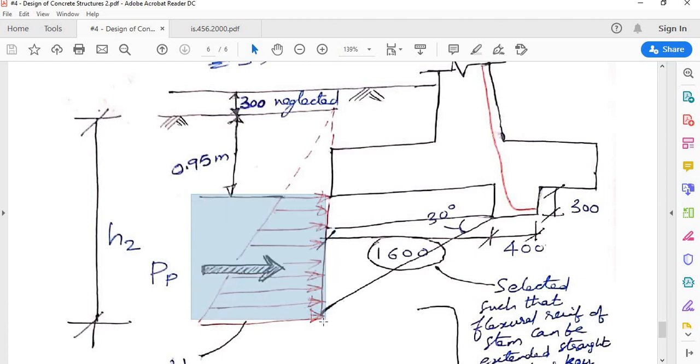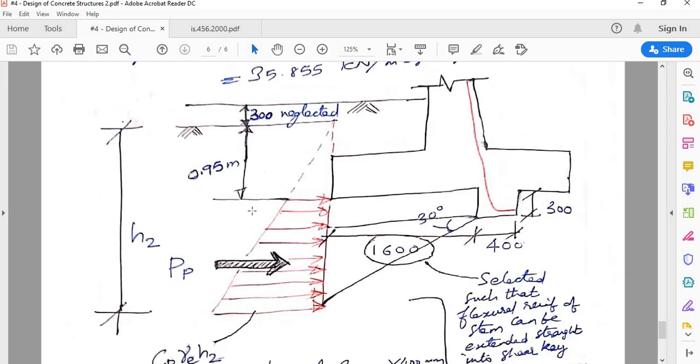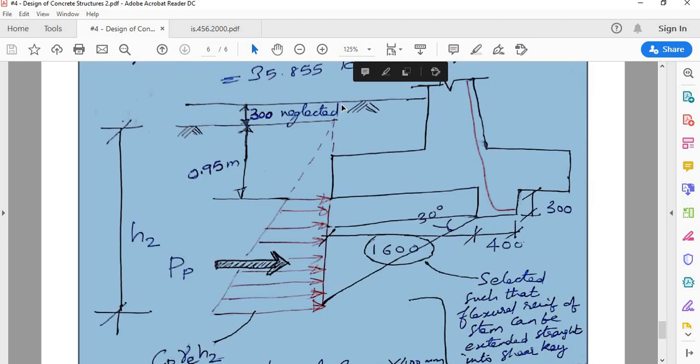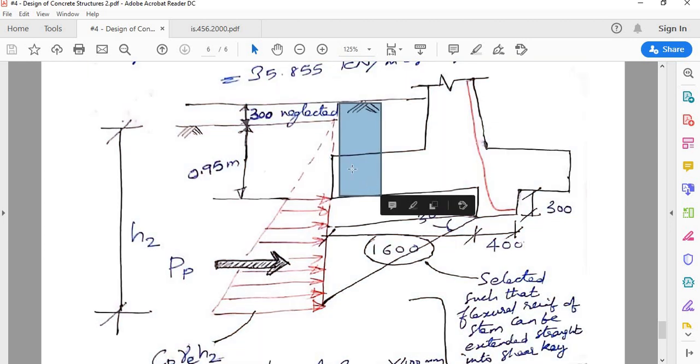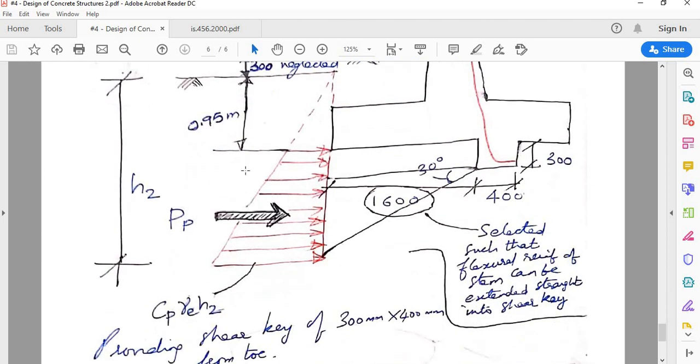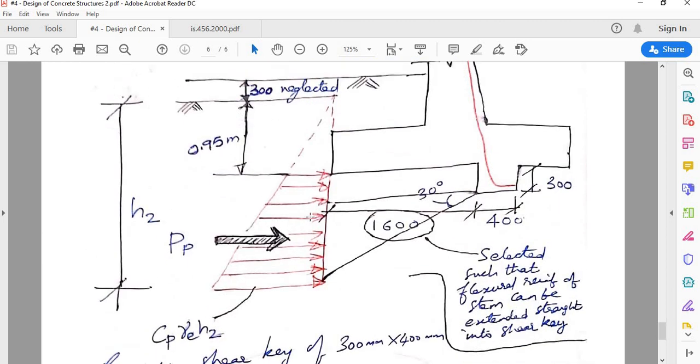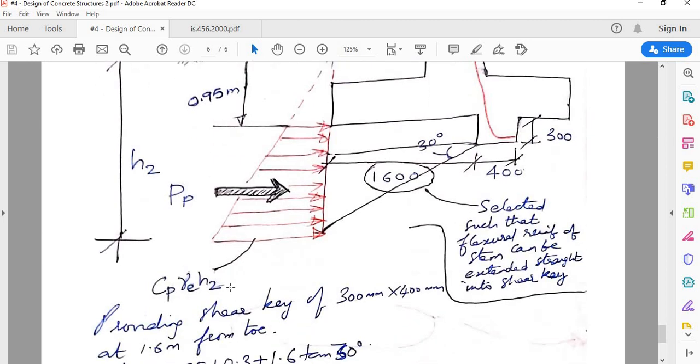This is the additional passive earth pressure introduced by the shear key. We have all the data. First of all the depth we know is 1.25 meter, so if you subtract 0.3 from that, this will be 0.95. Now from similar triangles, all other dimensions are fixed.